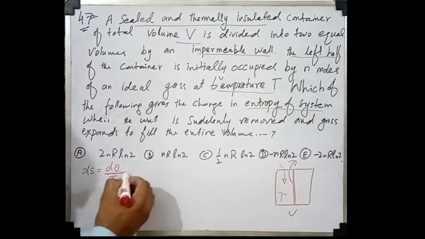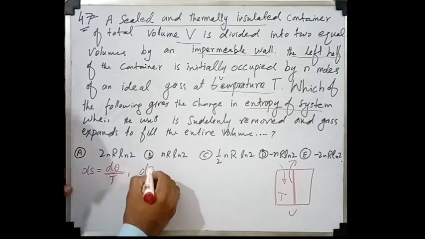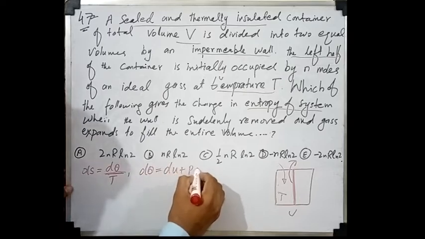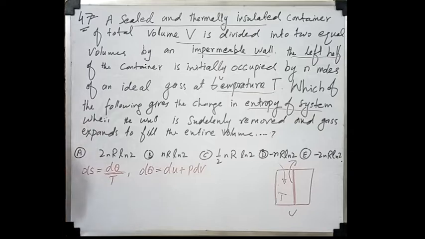Now according to the first law of thermodynamics, dQ = dU + P dV. The total heat given or released is equal to internal energy plus work done.